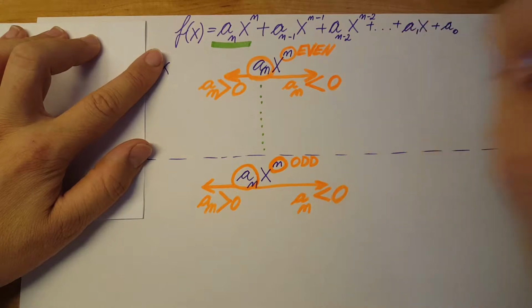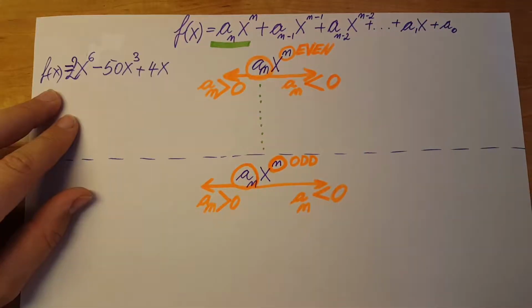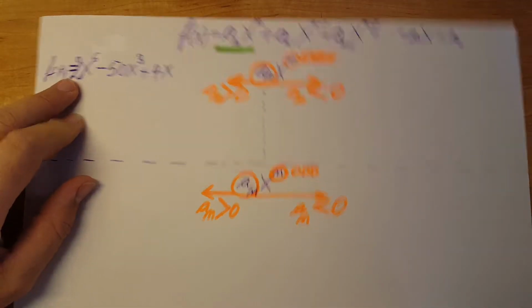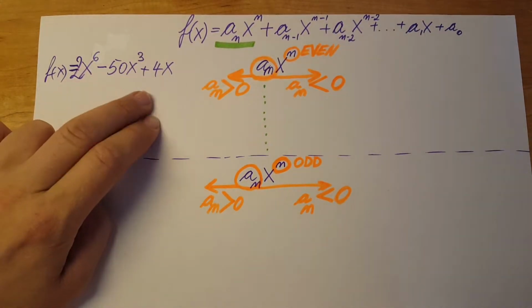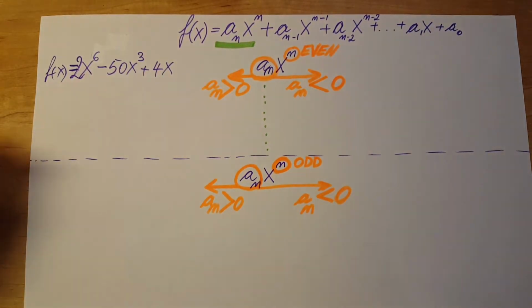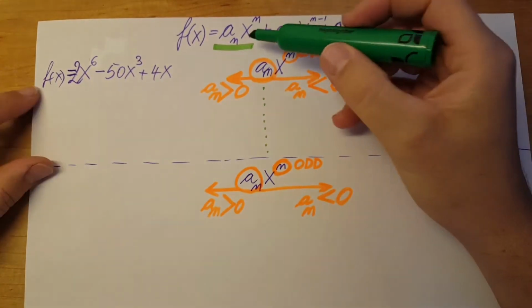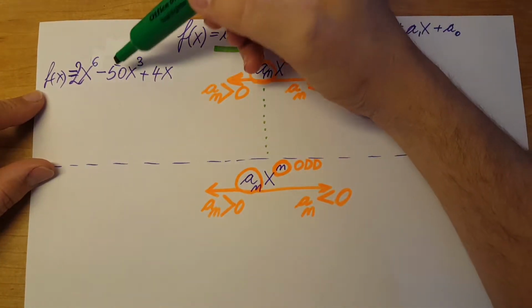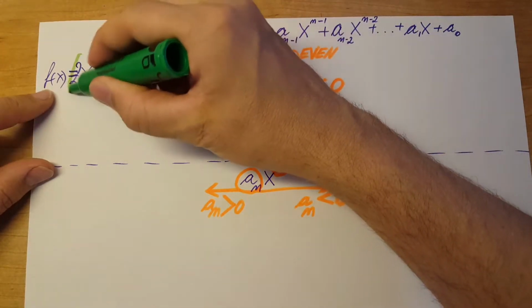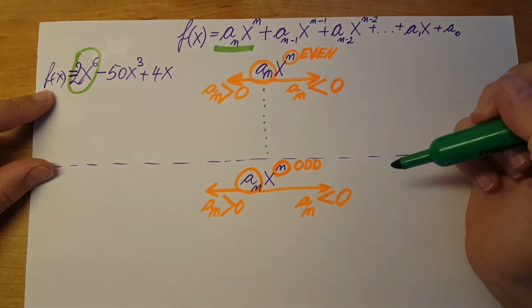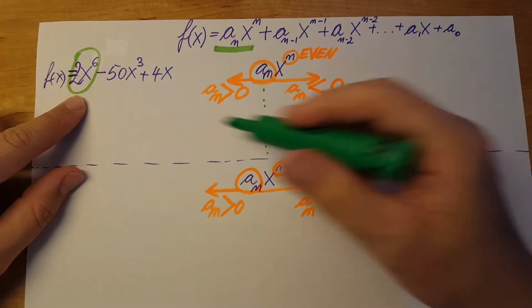So, the first one. f(x) equals 2x to the 6th minus 50x cubed plus 4x. Just like we mentioned, we're not going to worry about what is happening back here. Our focus is right here, our leading term.